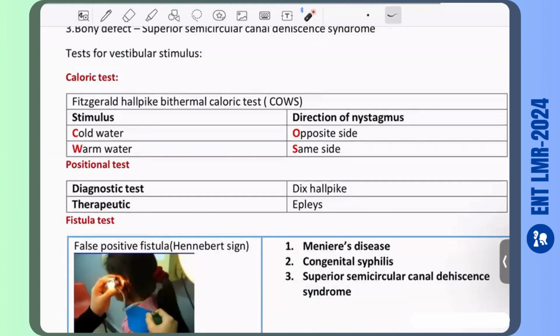If the water is cold, the direction of nystagmus will be opposite side. If the water is warm, the direction of nystagmus will be the same side. COWS. So COWS means cold water, opposite side, warm water, same side. So it is nothing but caloric test or Fitzgerald-Hallpike bithermal caloric test.